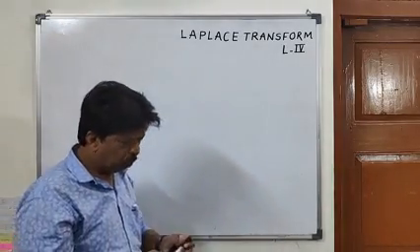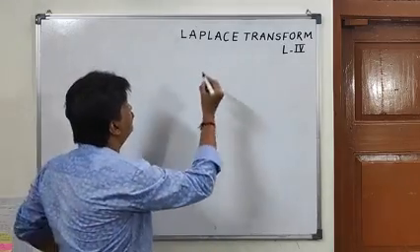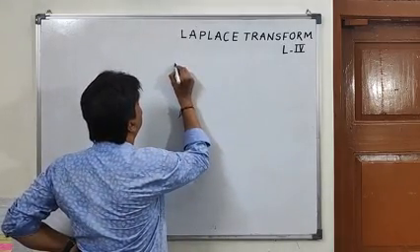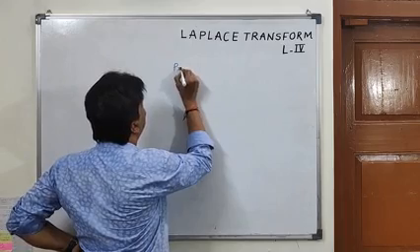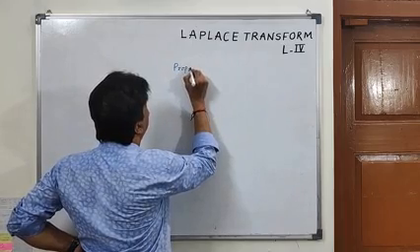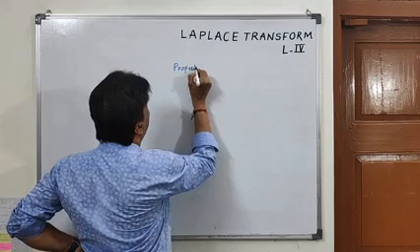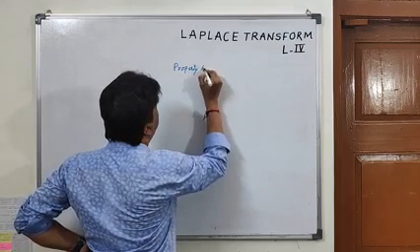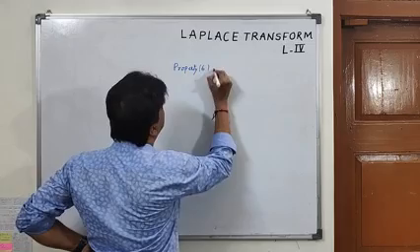So the properties are, property 6, 5 properties we have seen.